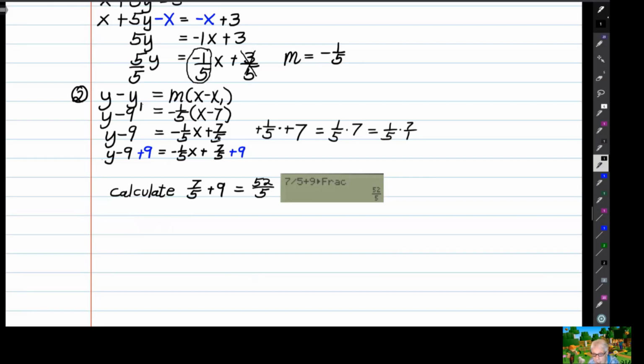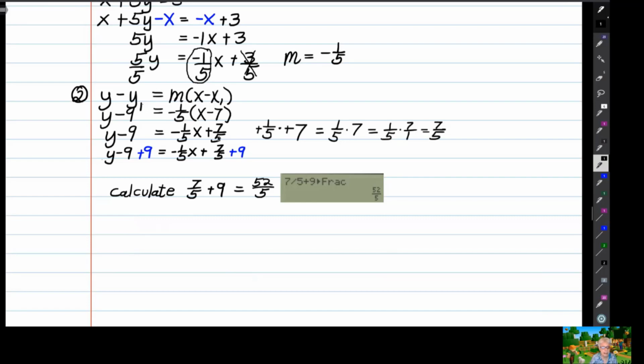Only now we multiply the numerators together. 1 times 7 is 7. 5 times 1 is 5. And that's how I got 7/5. Just in case you wondered.